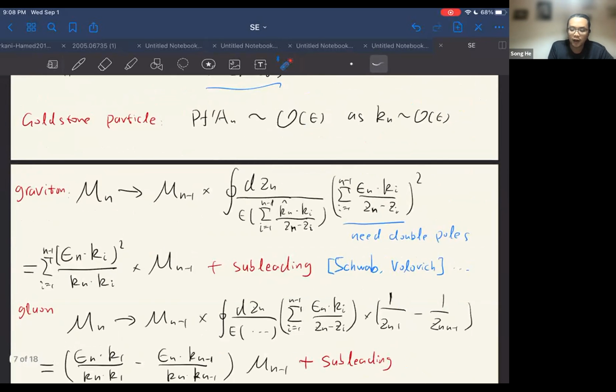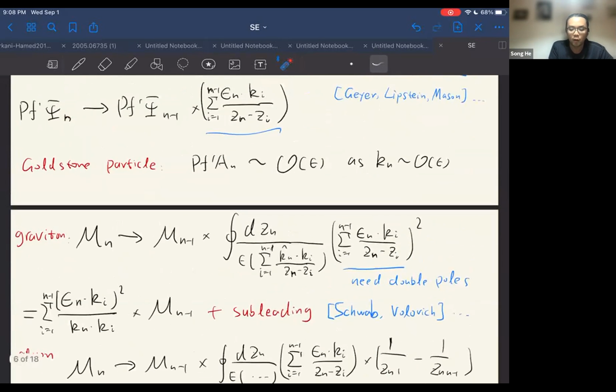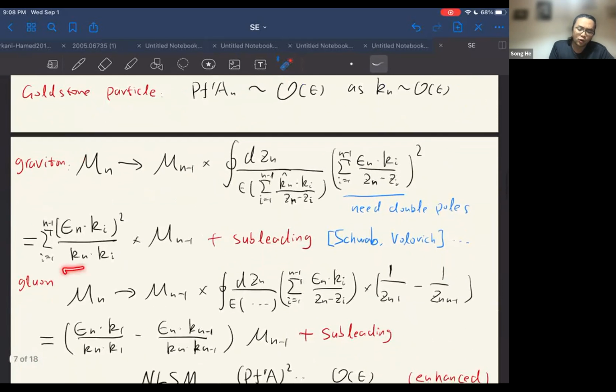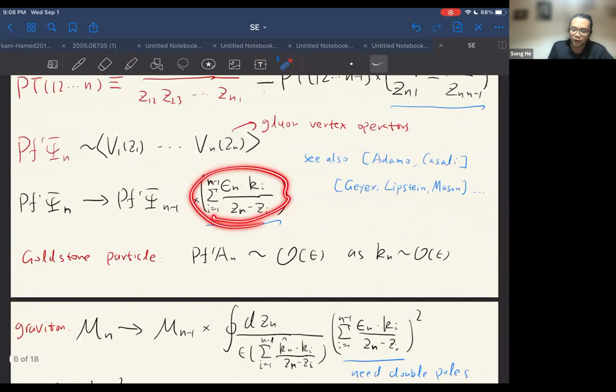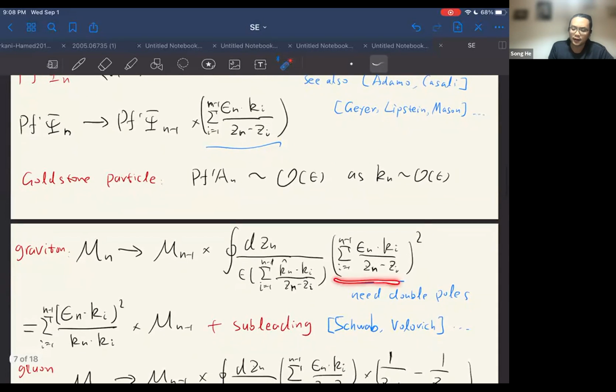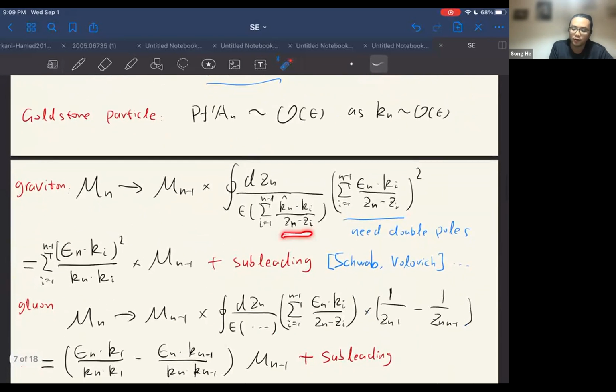In the particular n graviton case, you have two copies of the Pfaffian, so you have this guy squared, and then remember you have this contour integral that asks you to enclose this pole. You use the residue theorem to enclose poles here, which gives you the famous Weinberg soft factor. So this literally comes from the worldsheet soft factor, actually the double pole of this worldsheet soft factor, because here you have some simple pole, so you need a double pole to really get a contribution.